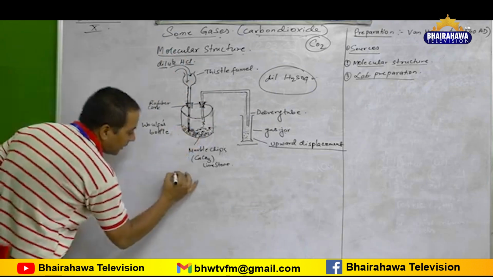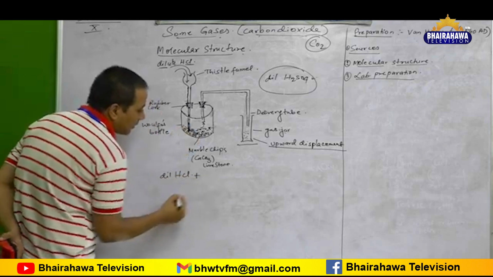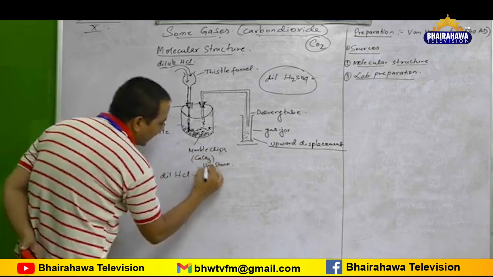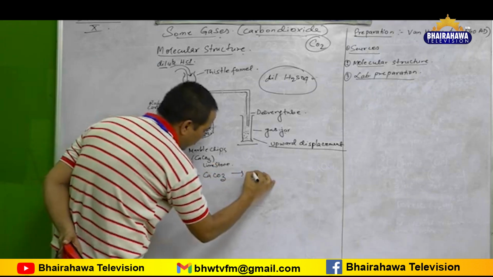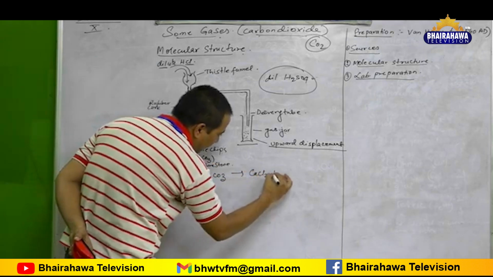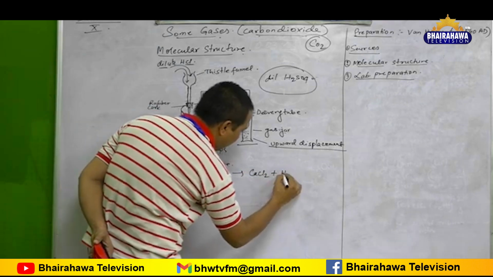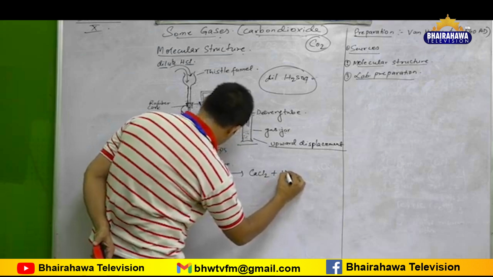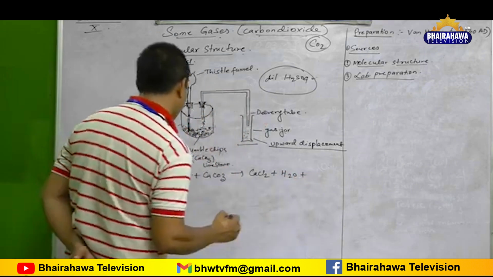First we will see dilute HCl plus what? That is calcium carbonate. Then what does it produce? CaCl2 plus H2O plus CO2.